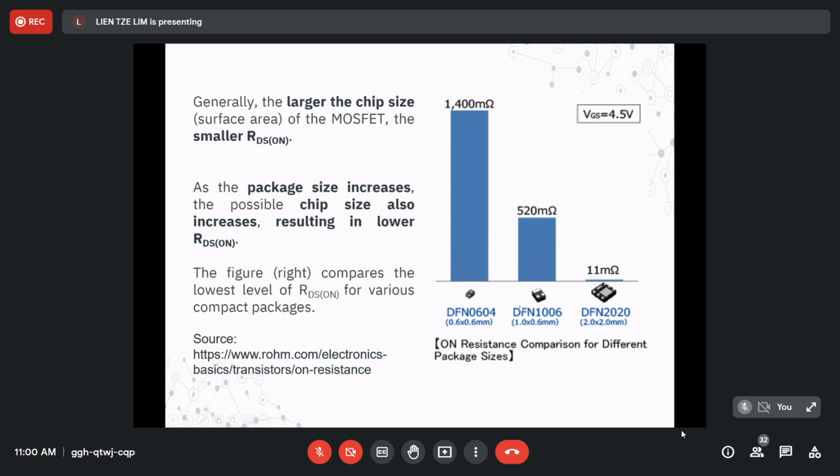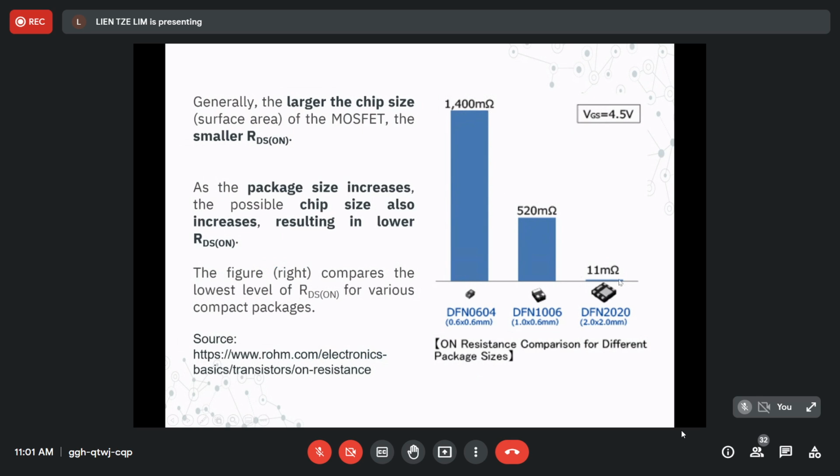For this, you see here, this is the feature size of the chip, from small to large, and then here this is the on resistance, in ohm, RDS on. A smaller chip will have a larger RDS.